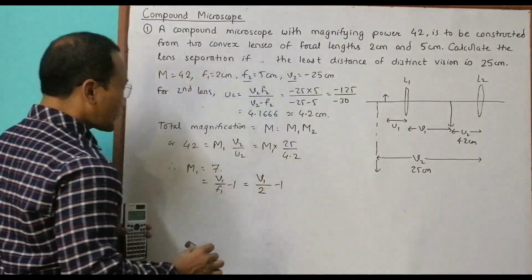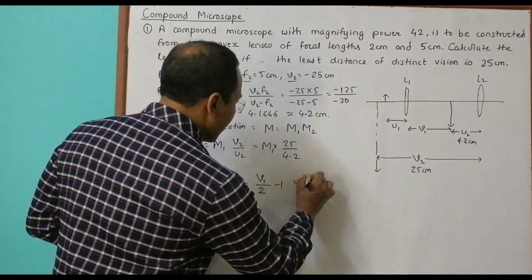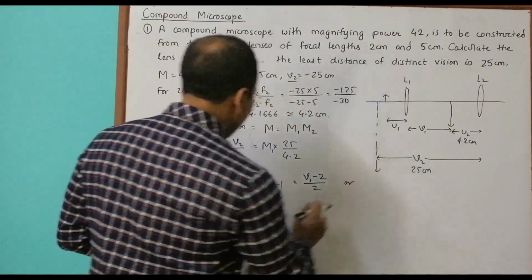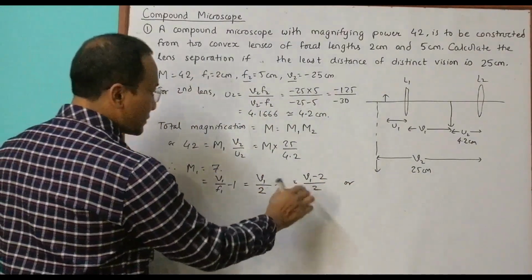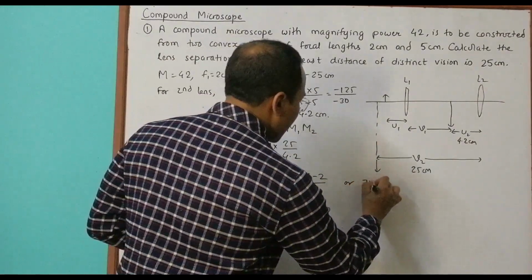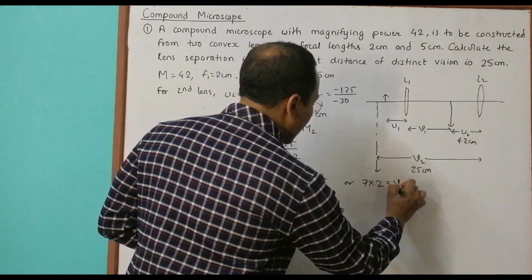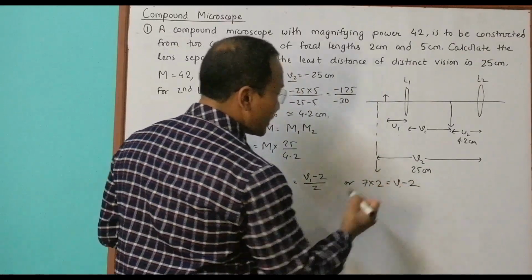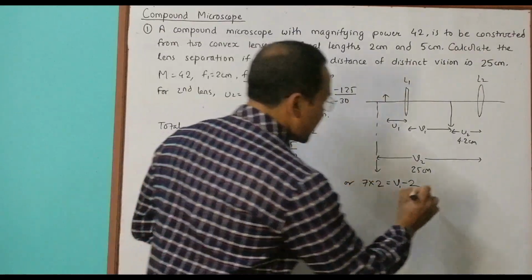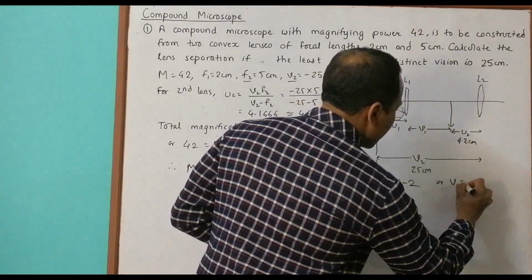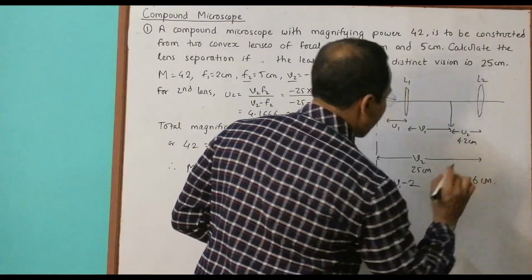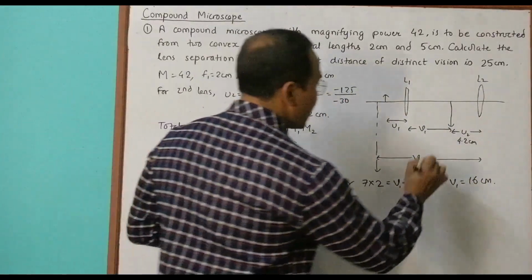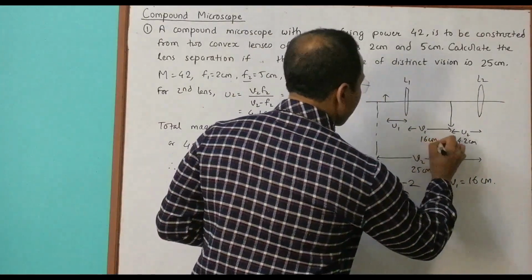That's equal to V1 minus 2 by 2, so 7 is equal to this much. So 7 into 2 equal to V1 minus 2. 7 2s are 14, this 2 comes here plus 2, 14 plus 2 is 16. So V1 is equal to 16 centimeter from the calculations.